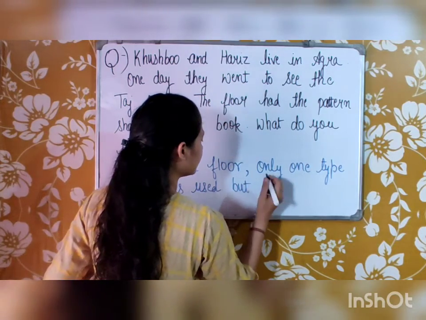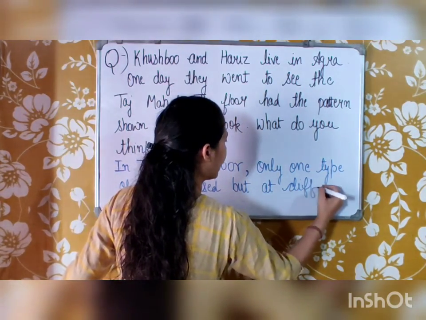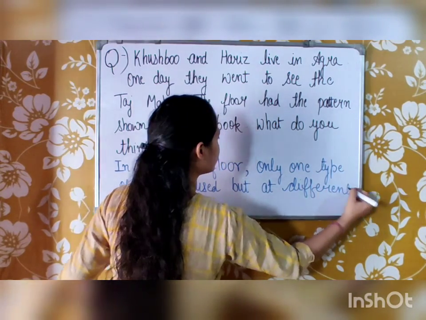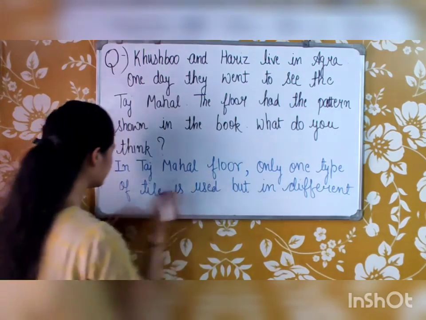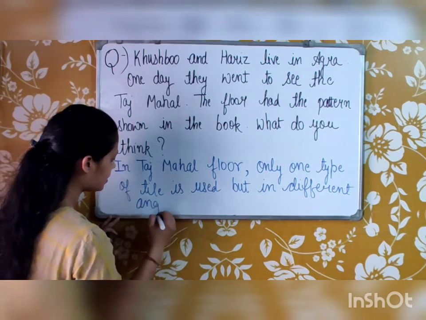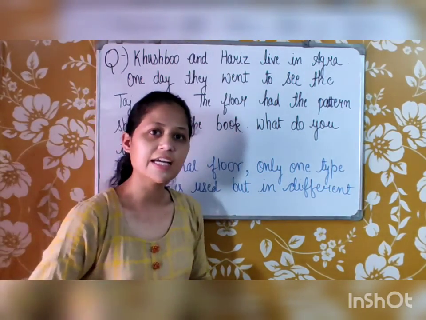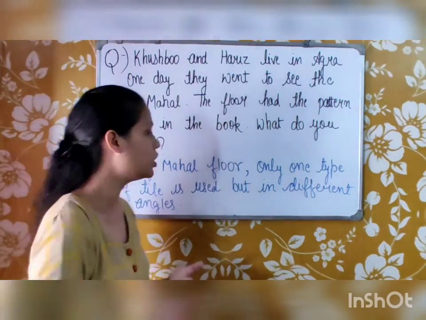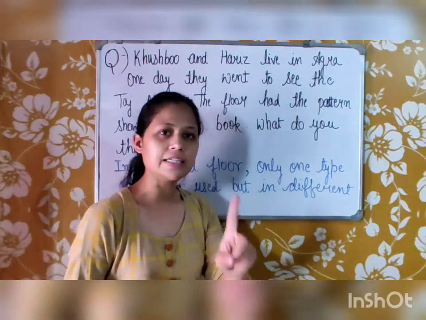But in different angles. Okay, so as we can see in the picture that is given in the book, in the floor of Taj Mahal, there is only one type of tile.